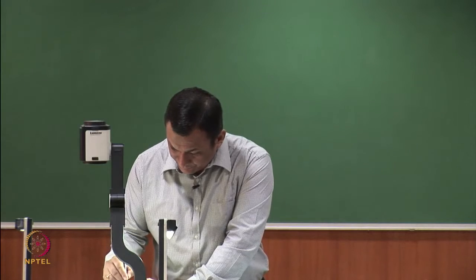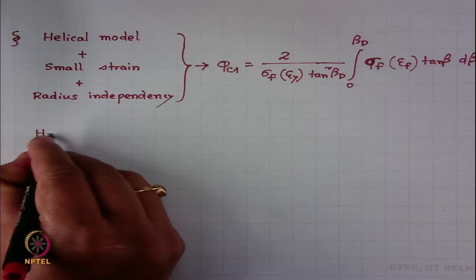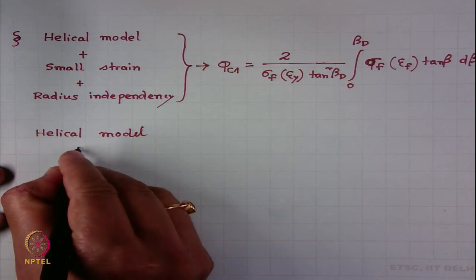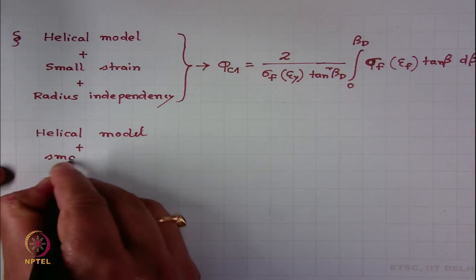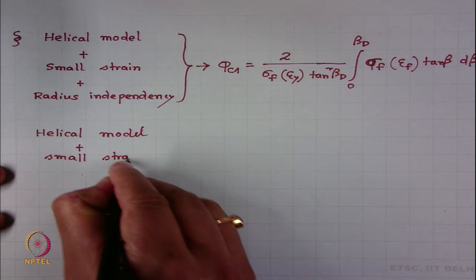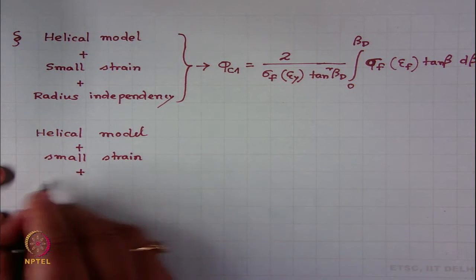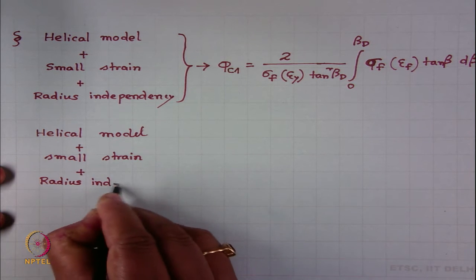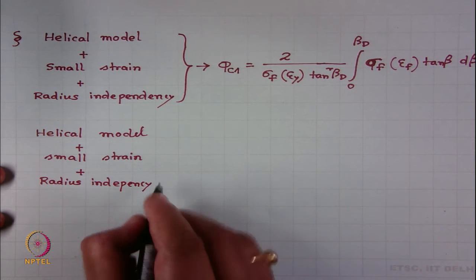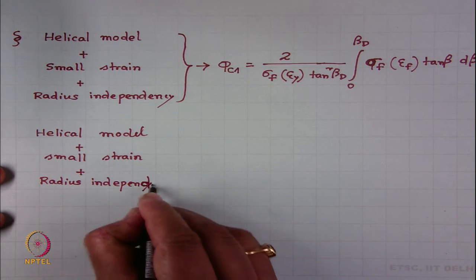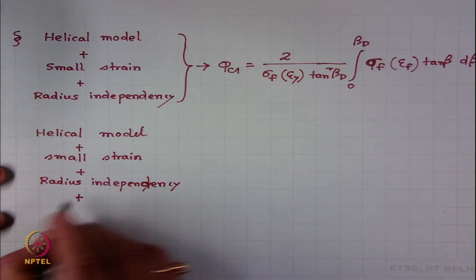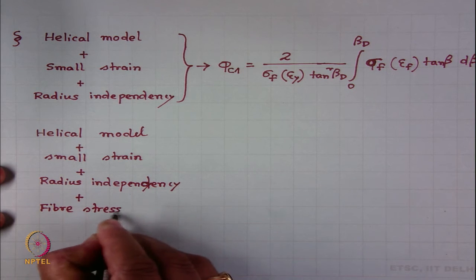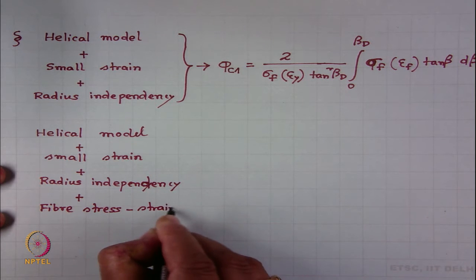So, helical model plus small strain plus radius independency plus fiber stress strain linear.